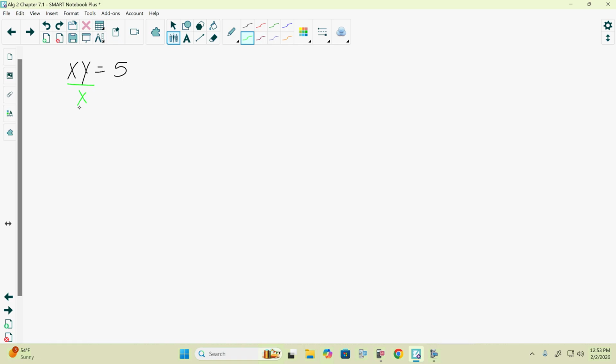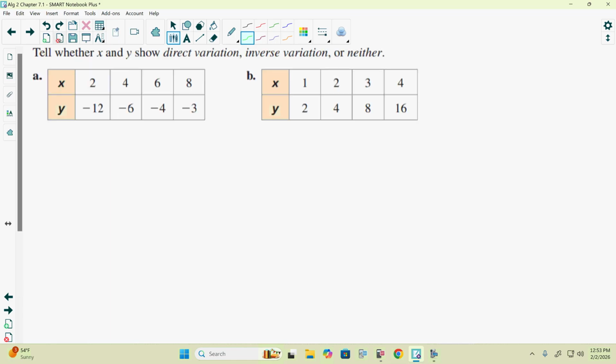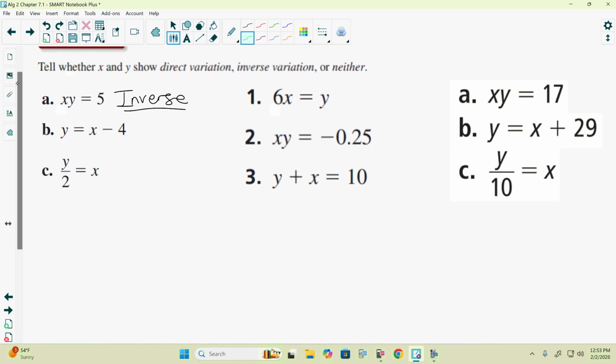To do that, we would divide both sides by x. Here, the x divided by x would simplify, leaving us with y equals 5 over x. This is inverse variation, y equals a over x, inverse. Another is we can plug numbers in and see is one increasing and the other decreasing. Different ways to get to the same answer. Questions on A?